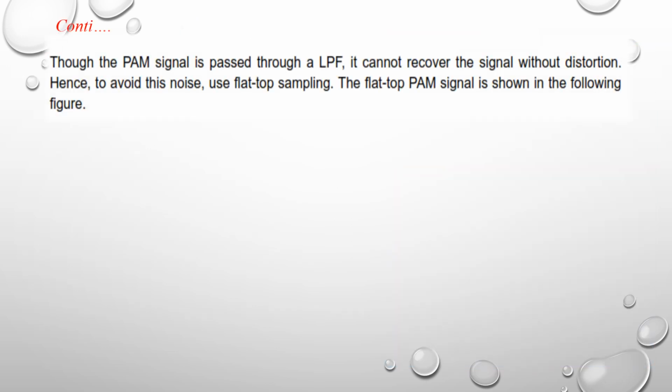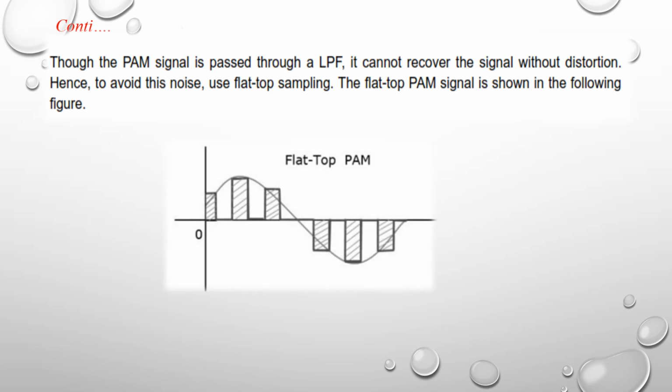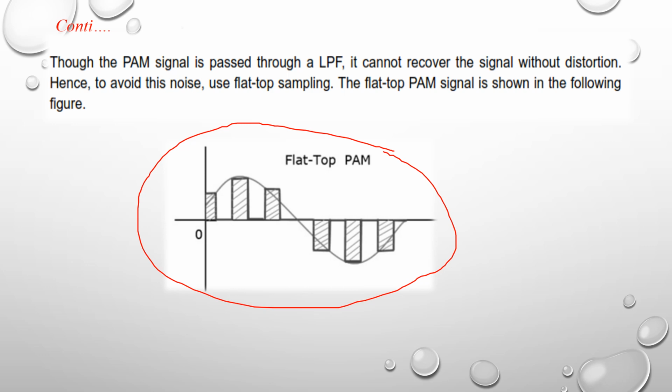If the pulse amplitude modulated signal is passed through a low pass filter, it can't recover the signal without distortion. Hence, to avoid this noise, we use flat top sampling. The flat top pulse amplitude modulation signal is shown in the following figure. So this is the flat top pulse amplitude modulation.